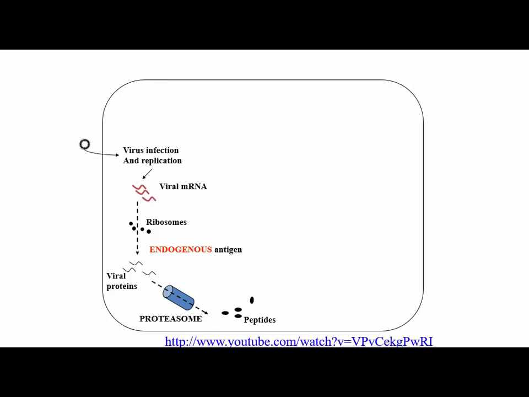Okay? Heat shock proteins will prevent the full degradation of the protein. So now we have the epitopes. That's the part of the antigen that our immune system is going to recognize. The next thing we need to do is get it to the endoplasmic reticulum. When it gets to the endoplasmic reticulum, it enters through TAP. Okay?